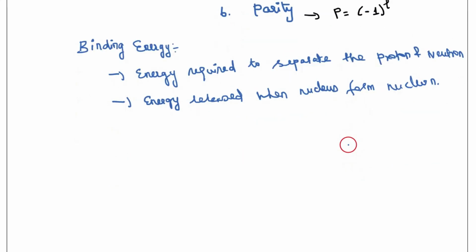Okay. So next, binding energy per nucleon, which is equal to binding energy per mass number. Okay. Then some of the cases we have to discuss from the previous classes.